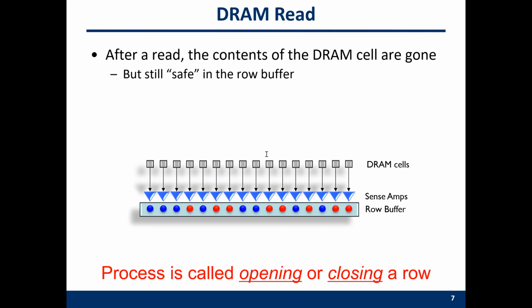The other is to just hold the data so that the following accesses can use it. The former scheme is the so-called closed row policy, because you write back and you close that row.